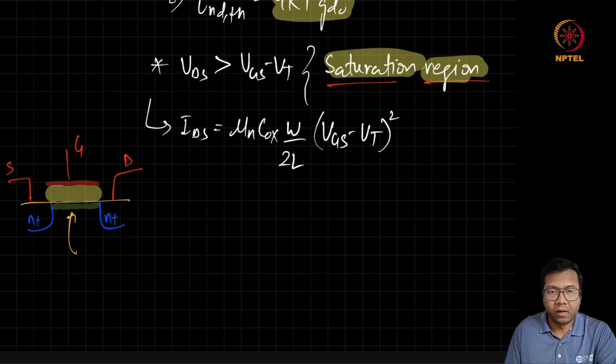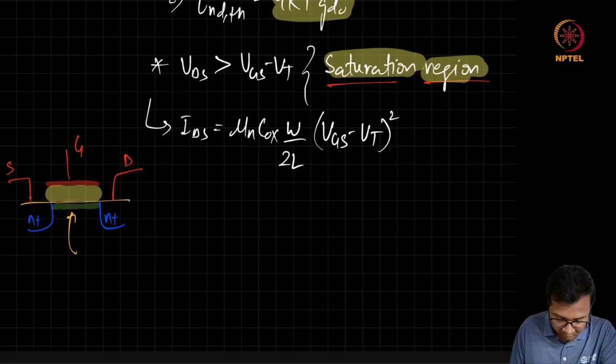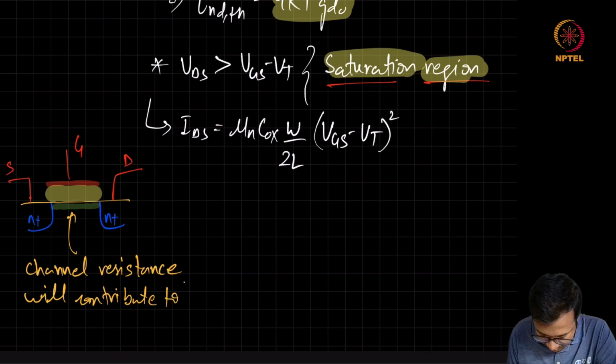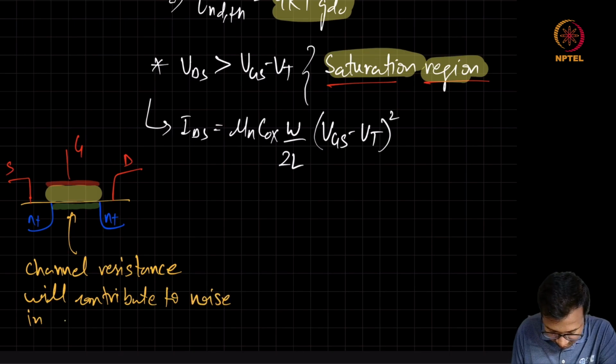Channel is present even during saturation region. So this channel resistance will contribute to the rise in drain current.